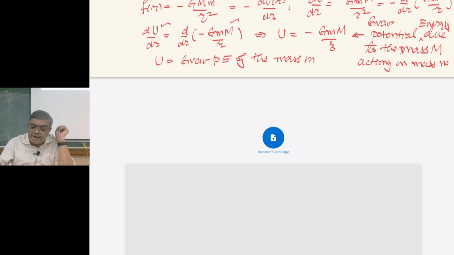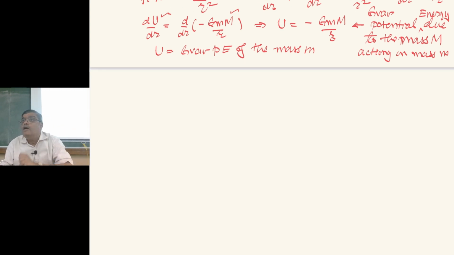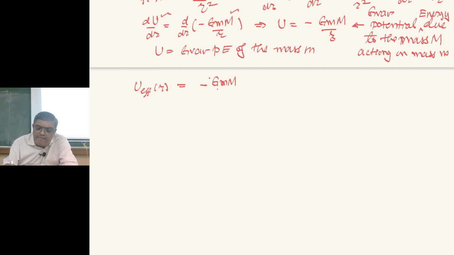So let us then try to write down the expression for the effective potential. So U effective of R, now I'm using R in place of rho, can be written as, what is it now? The gravitational potential is minus G M m divided by R, plus I should have L squared by twice m R squared.